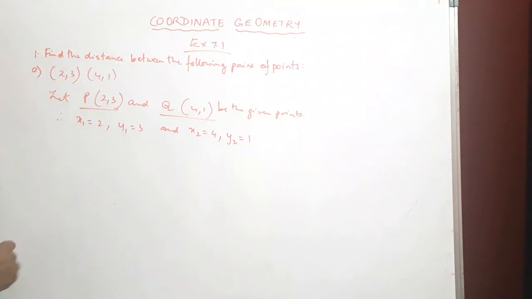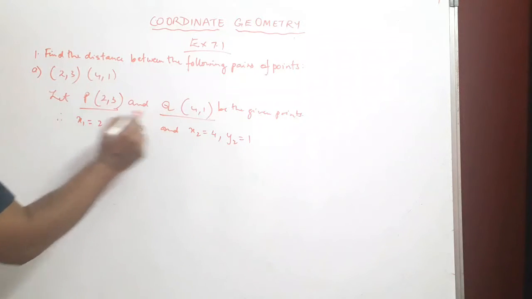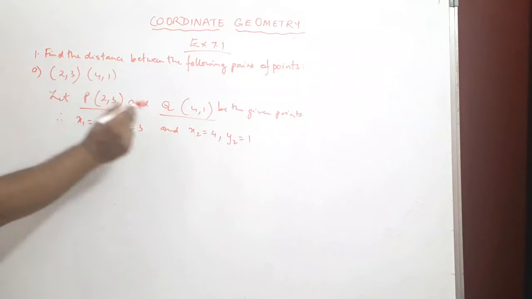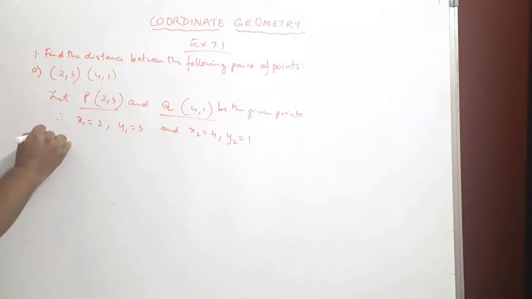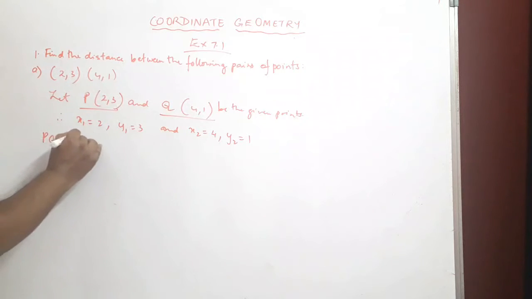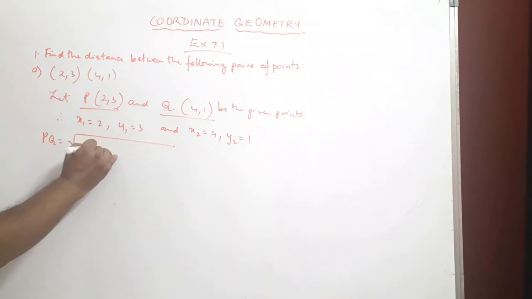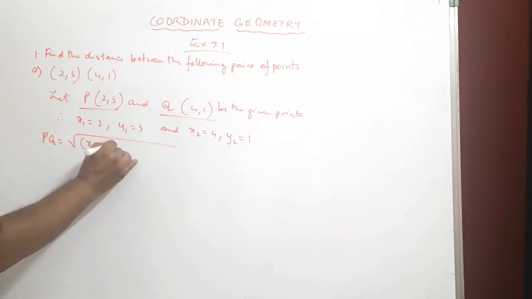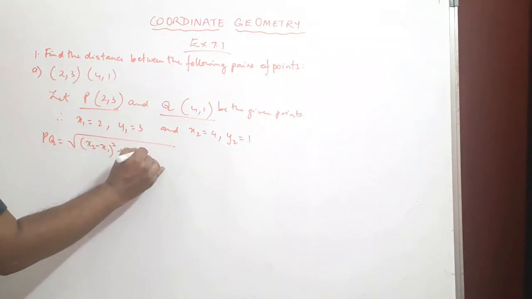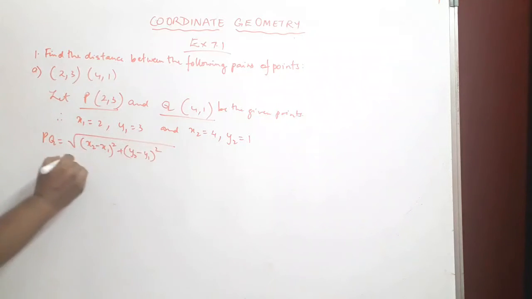Now let's put the distance formula for PQ, because we need to find the distance between these 2 points. PQ would be equal to square root of (x2 minus x1) whole square plus (y2 minus y1) whole square. This is our distance formula.